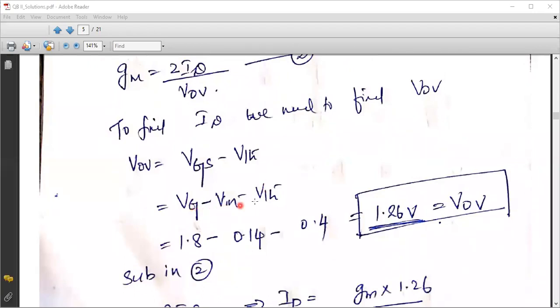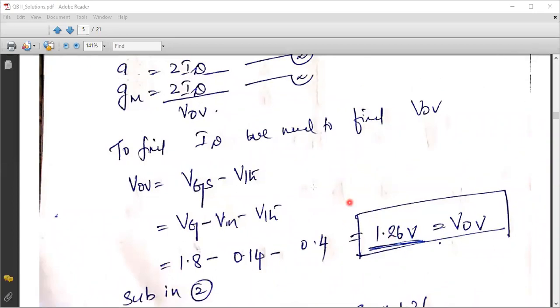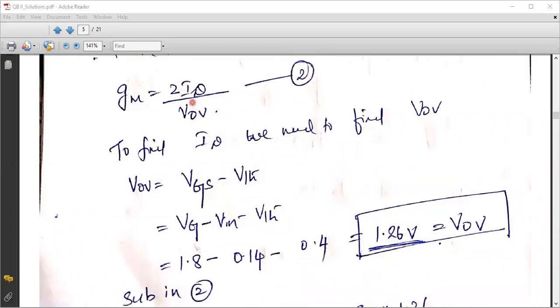Substitute VG, Vin, and VTH. Confirm this answer. So this is the overdrive voltage that you are getting. Substitute here in equation number 2. Rearrange it and solve for ID and let me know the answer. gm is already 1 by 15 that you have done before. VOV is 1.26.